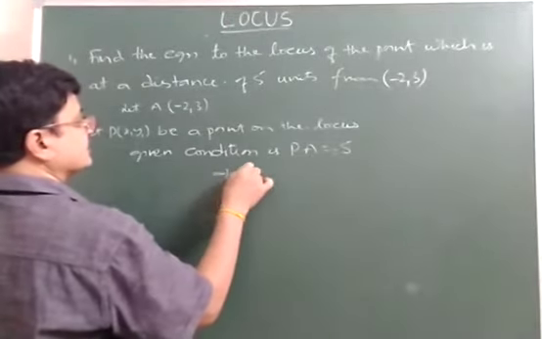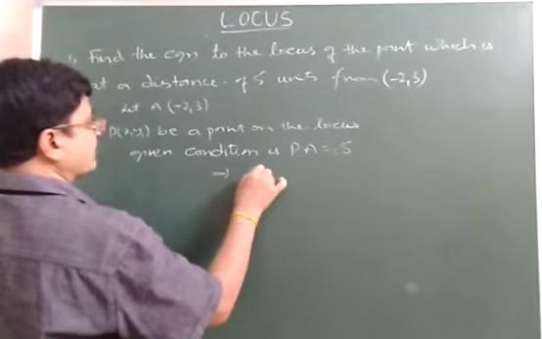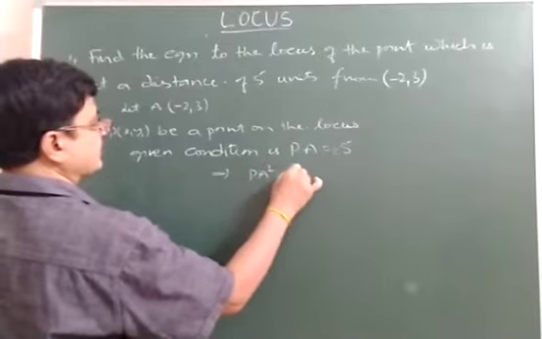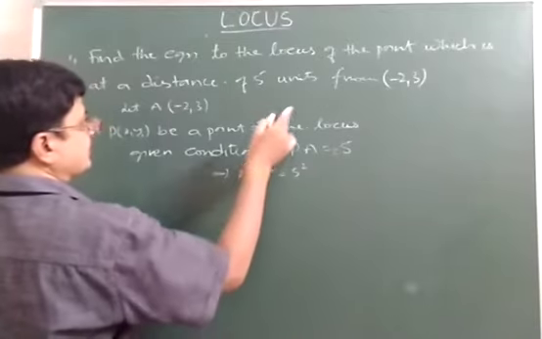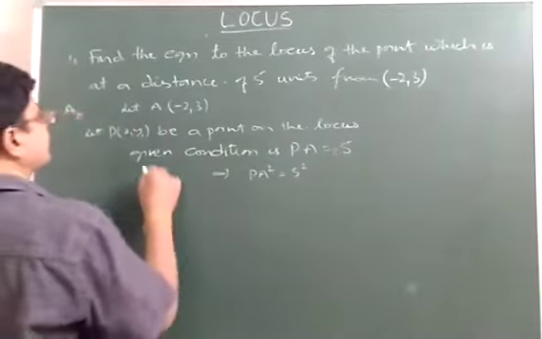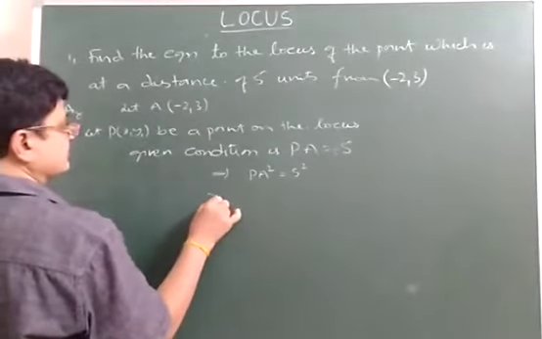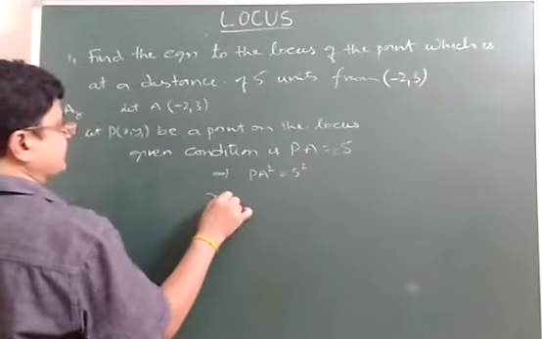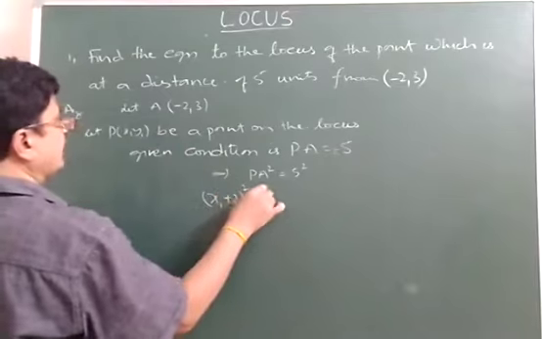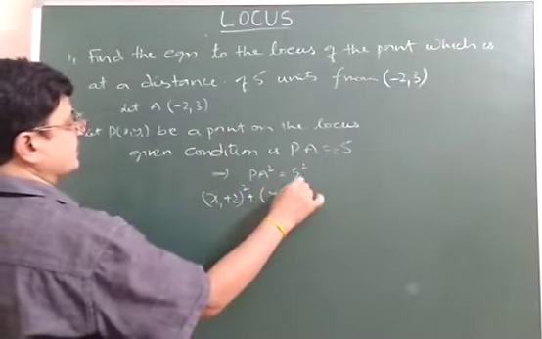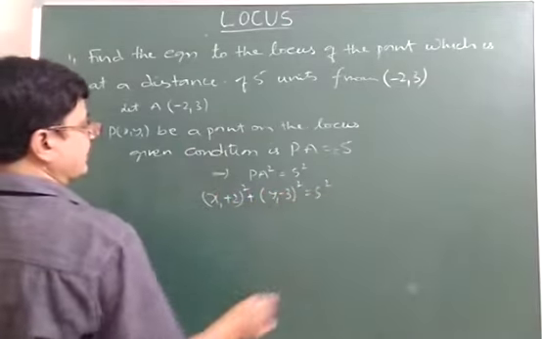So that implies, applying squaring on both sides, PA square is equal to 5 square. PA is the distance between the 2 points: (x1 minus of minus 2) whole square, that is (x1 plus 2) whole square, plus (y1 minus 3) whole square is equal to 5 square.